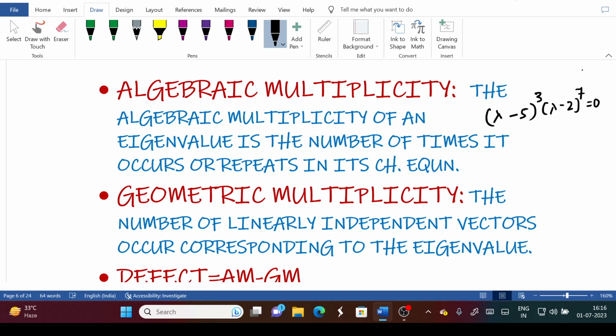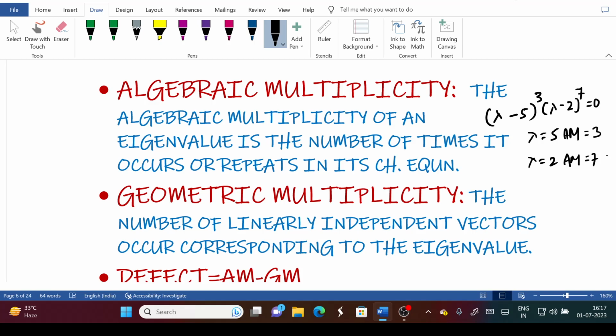So here λ = 5 has algebraic multiplicity 3 and λ = 2 has algebraic multiplicity 7. The number of times it occurs in its characteristic equation is the algebraic multiplicity.